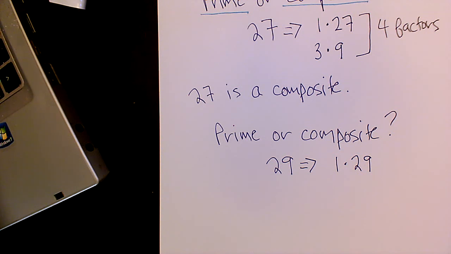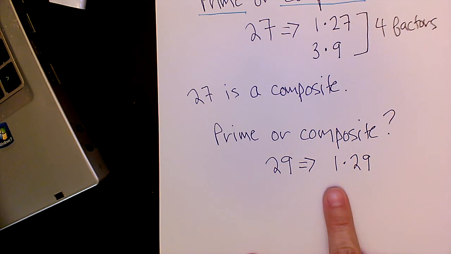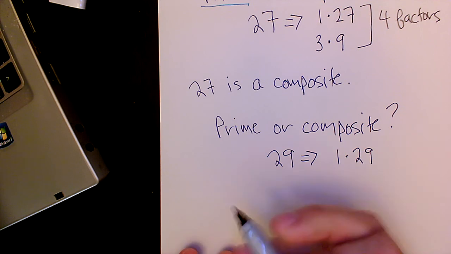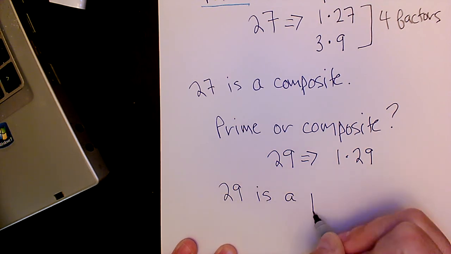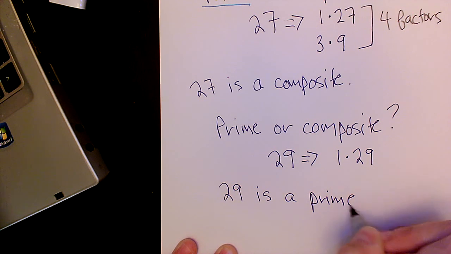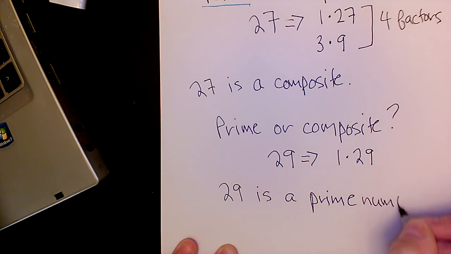Are there any other numbers that you can think of that will go into 29 evenly with no remainder? If it just has 1 and 29 as factors, then it's a prime. And I don't think there are any other numbers that go in. So 29 is a prime, or a prime number, however you want to say it.